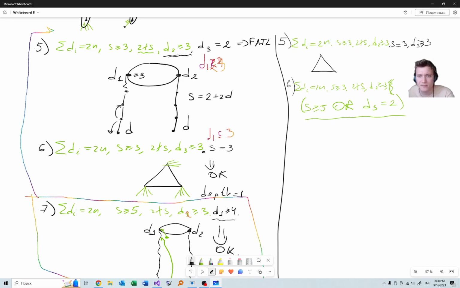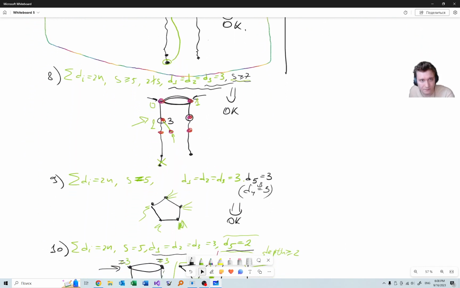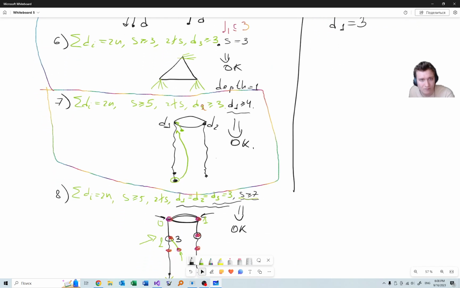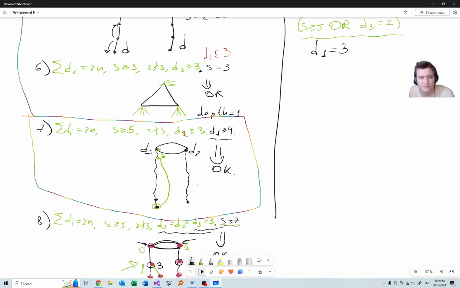Actually, I think this case is about d1 being equal to 3. So no branching in d1, no branching in d2. But I already considered this branching here, didn't I? Ah, this is d1 at least 4, I get it.